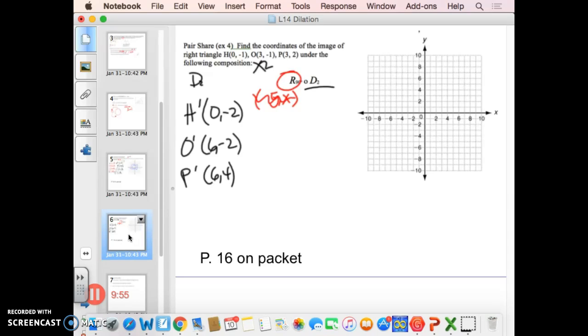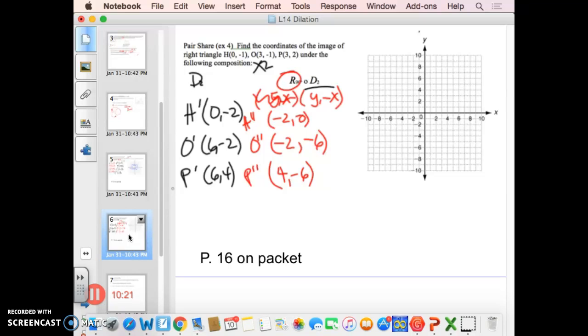If you do that, it's (y, -x). So my new H would be at (-2, 0). O double prime is at (-2, -6). Flip-flop, change the x. P double prime is at (4, -6).